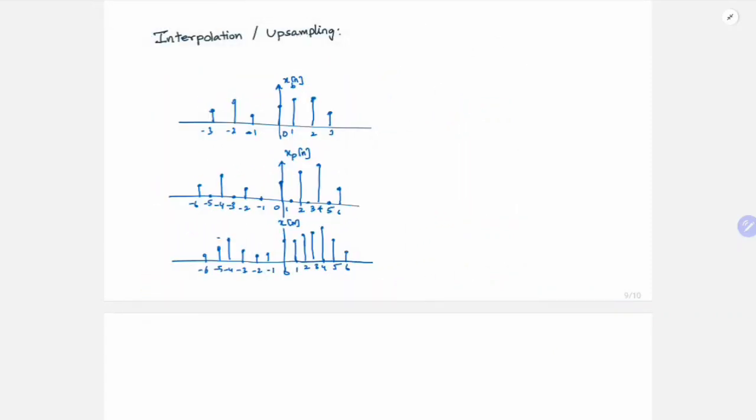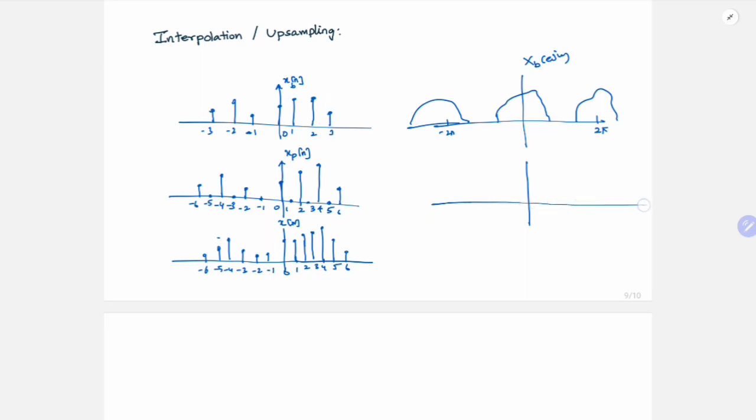So this is in the time domain, right? In the frequency domain, let's say my xb of e power j omega is something like this. And at 2 pi it is repeated, and at minus 2 pi. Right? So once I interleave, what will happen?